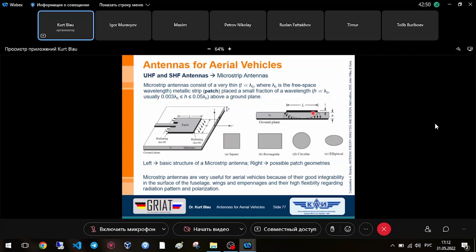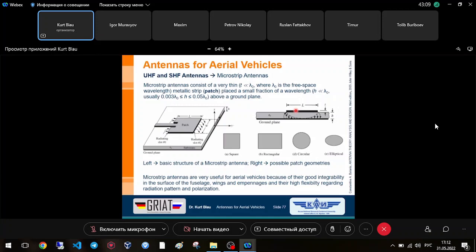The thickness of the copper or of the conductor material, also can be not only copper. Normally, copper is used in a very high number of cases, but we can also use other materials.